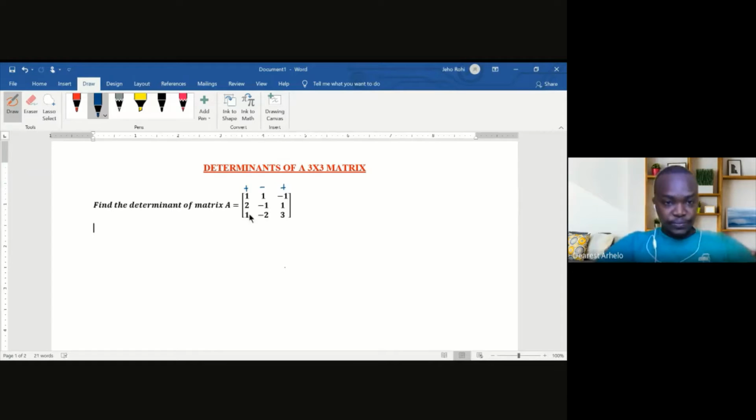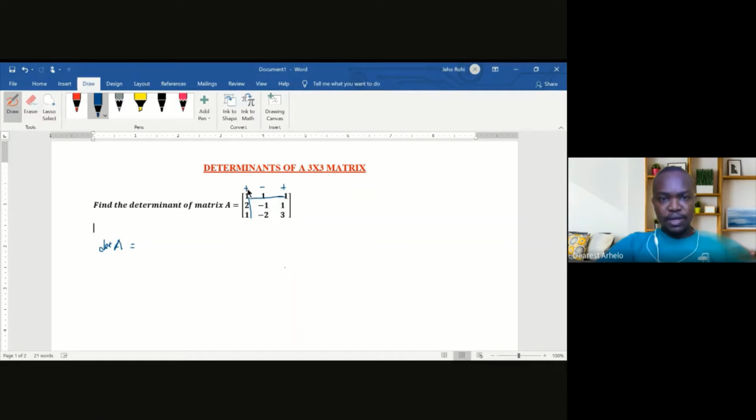So let's go. To find the determinant of matrix A, we have this first scalar, which is 1. If I draw a vertical line and a horizontal line, I'm left with minus 1, 1, minus 2, and 3.